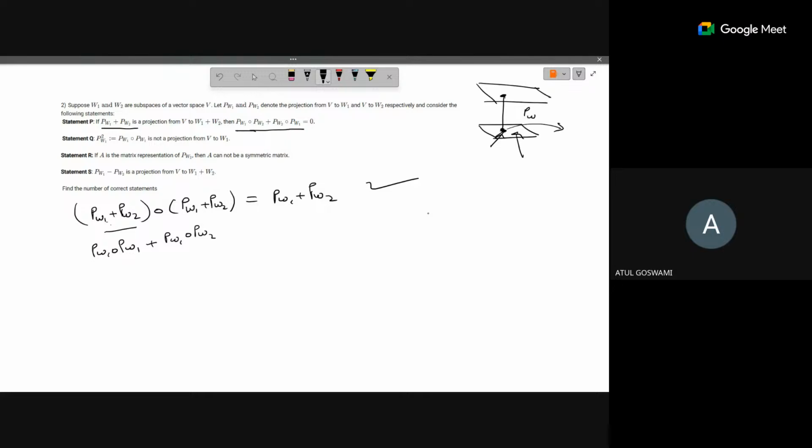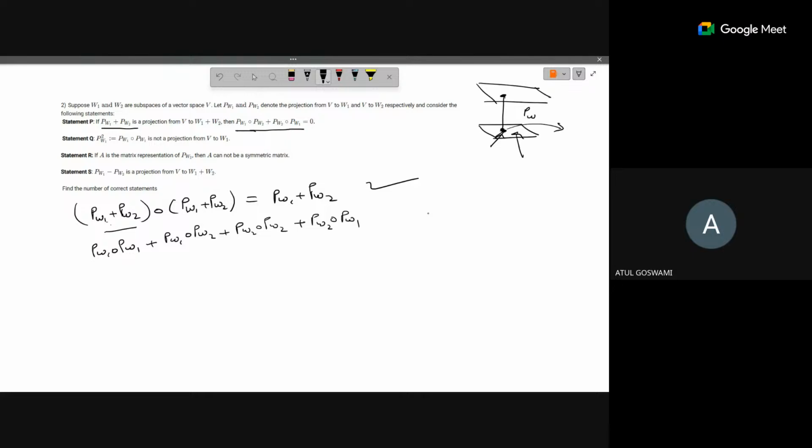First we take any vector on this, and then it will be divided on both. So this is correct. This is w2 on w2 plus p of w2 on w1.